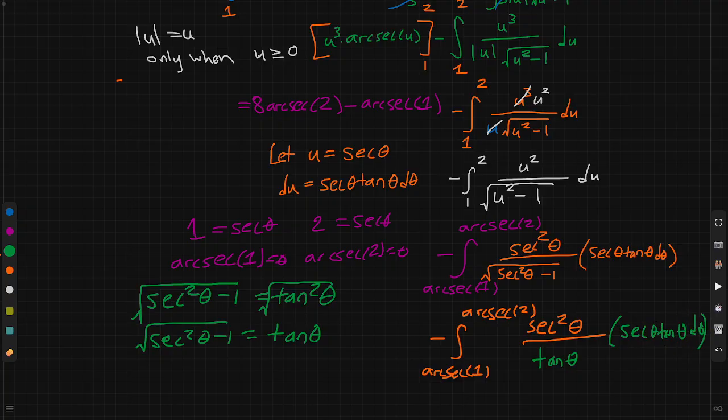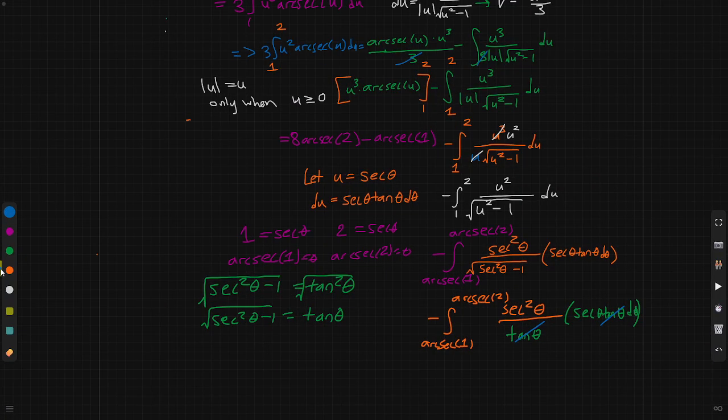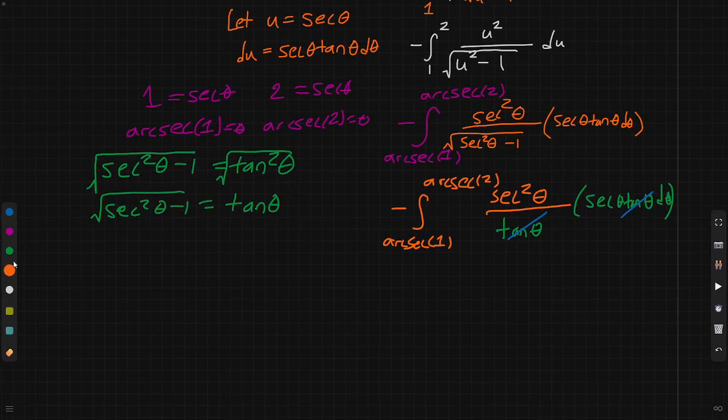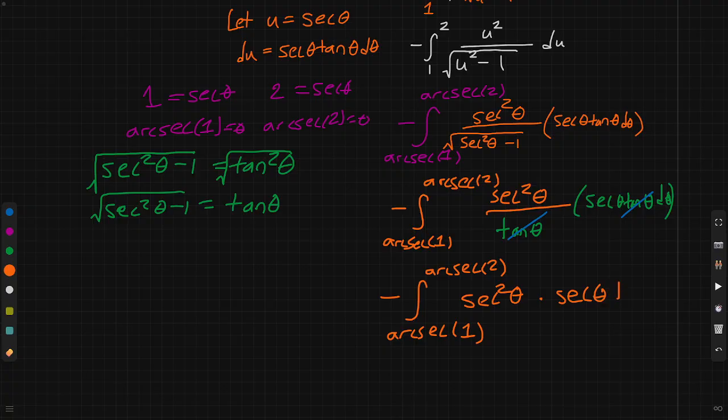All right. Now we can obviously cancel the tangent theta here and the tangent theta here to get our integral as negative integral from arc secant of 1 to arc secant of 2, and the tangents are gone, so we just have secant squared theta times secant theta.